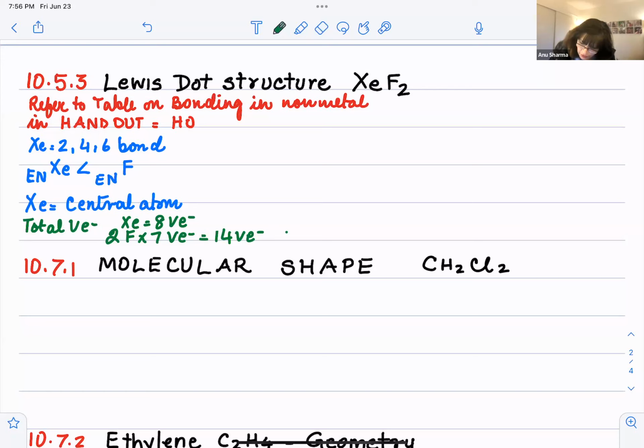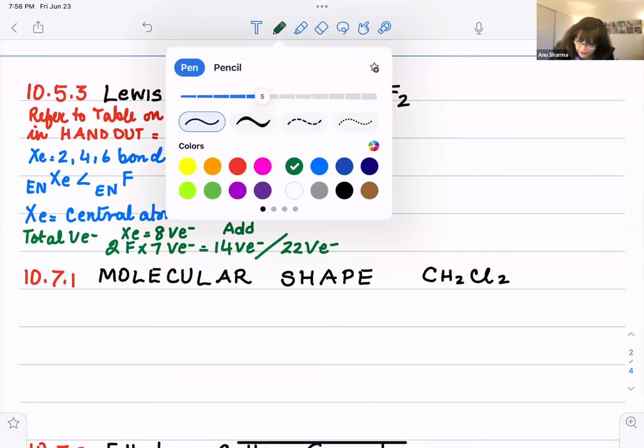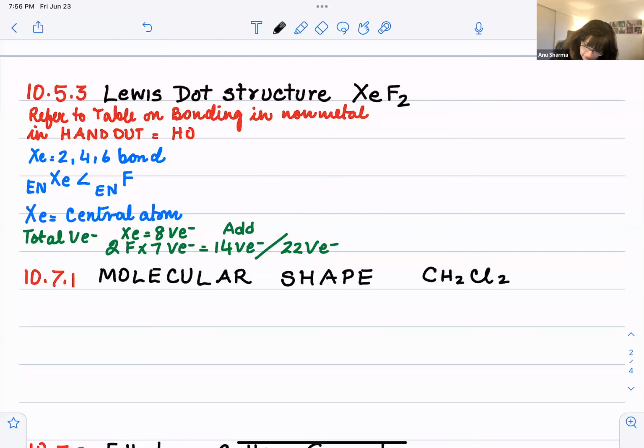This becomes a total of 22 valence electrons. Now we are going to place these 22 valence electrons. So how? You put xenon here in the middle, and you put fluorine on each side.